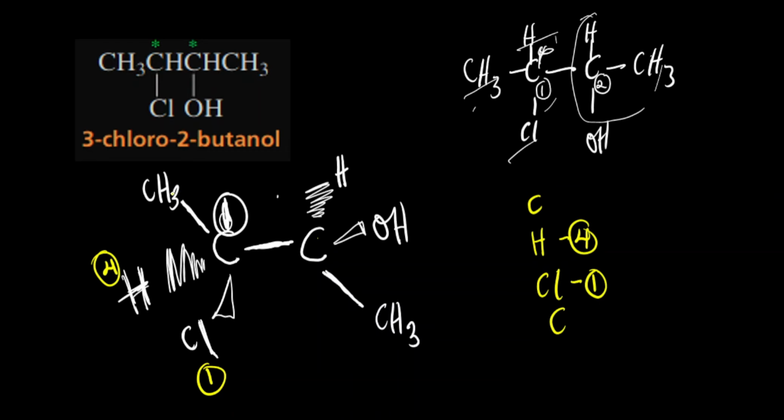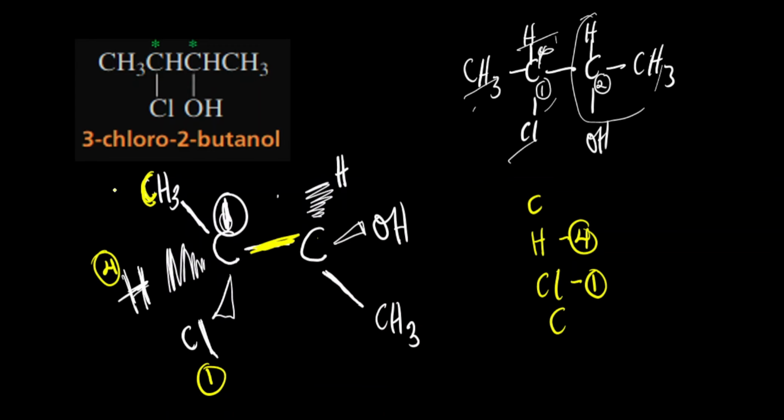Now if we take a look at the methyl carbon and the carbon that is bonded here, we can see that there's a tie. To break the tie, we need to consider the atoms directly attached to these groups.